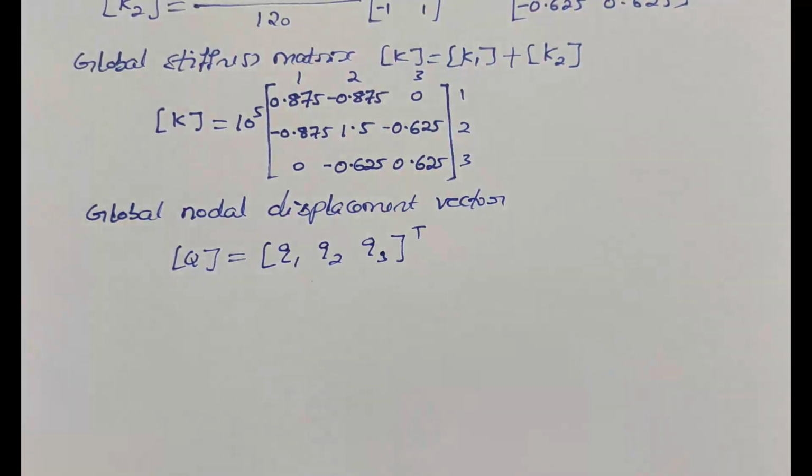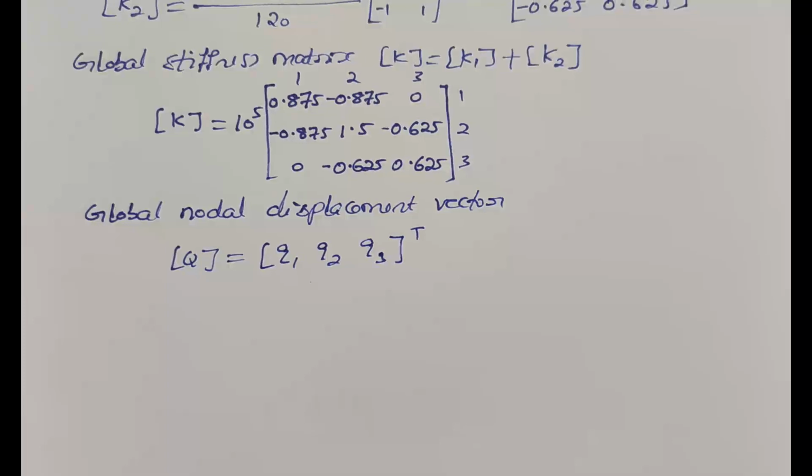Next we need the force vector. In this problem there are 2 types of forces acting: one is point load and the other is body force. So here the global force vector will be the force vector due to point load as well as due to body force.